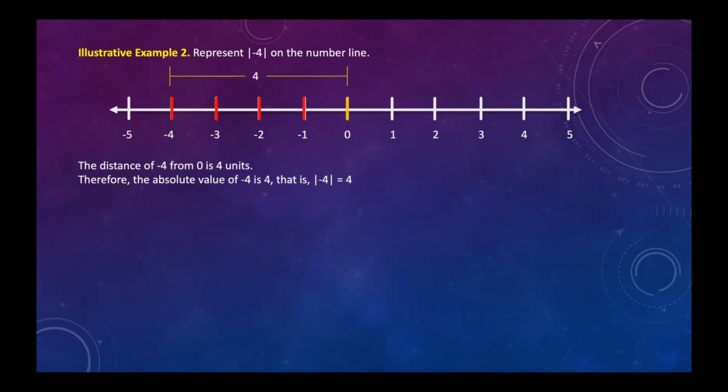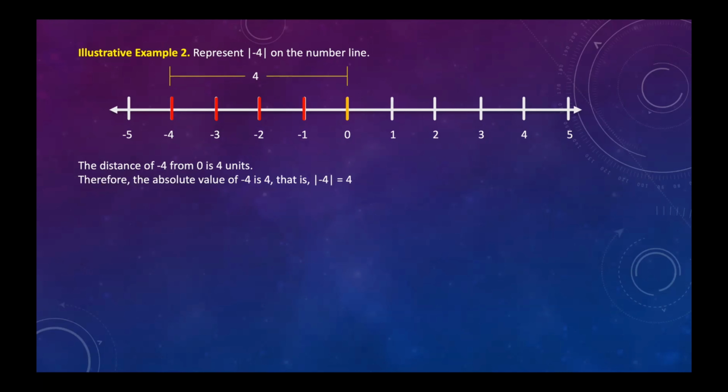That is representing negative 4. The absolute value of negative 4 is 4 because 4 is the distance from 0 to negative 4. You write it as bar negative 4 bar equals 4.